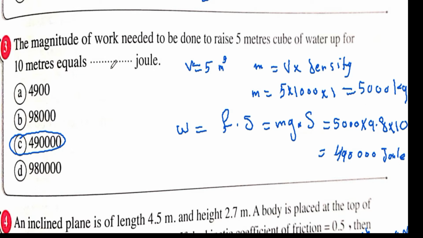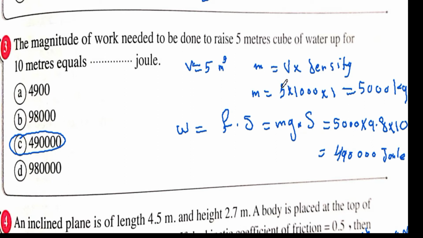The magnitude of work needed to raise 5 meter cube of water up for 10 meters equals. We know that the volume is 5 meter cube. The mass equals the volume times the density.